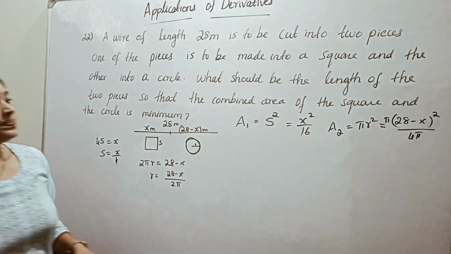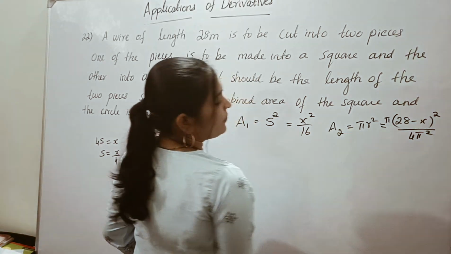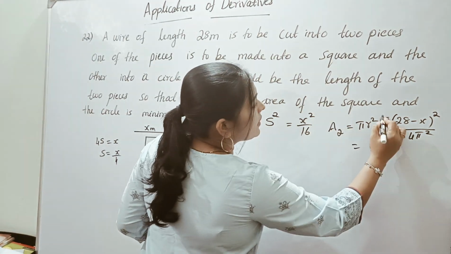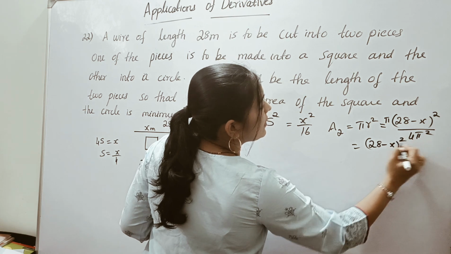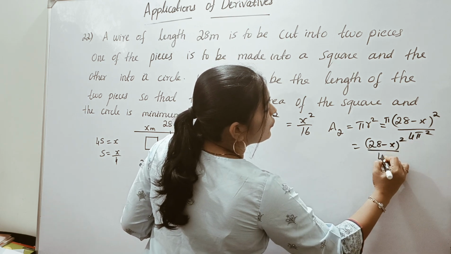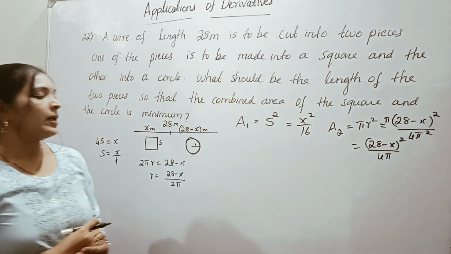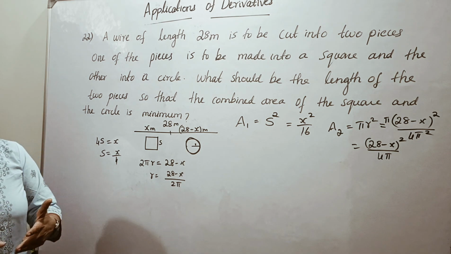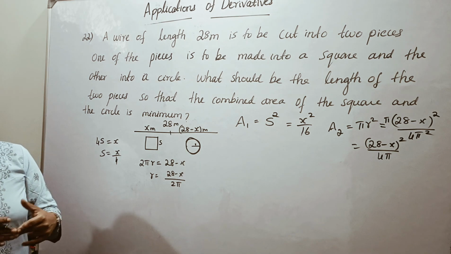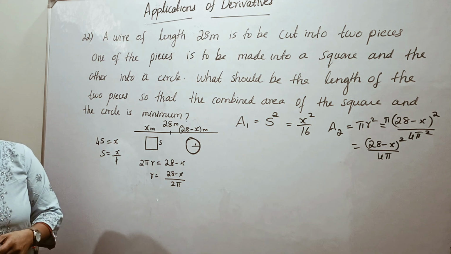Then pi cancelled, so (28 minus x) whole square divided by 4 pi. Now let's find the combined area. After that we will find the derivative of this combined area, first derivative and second derivative.